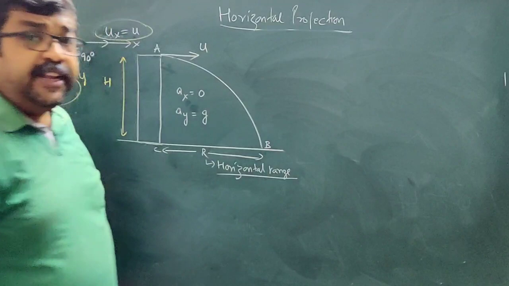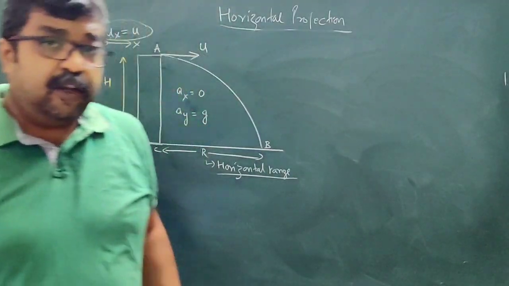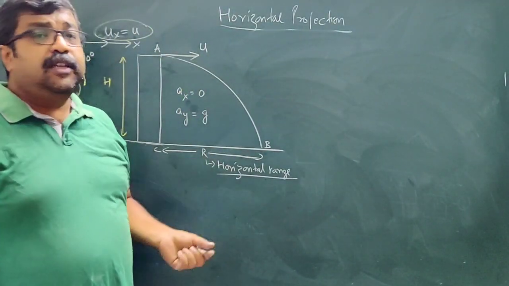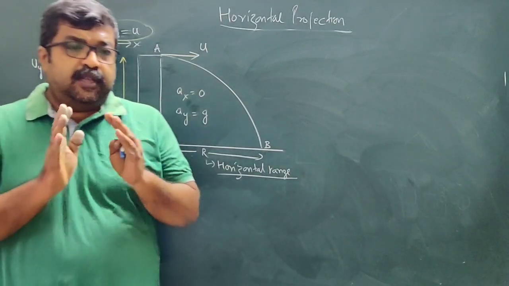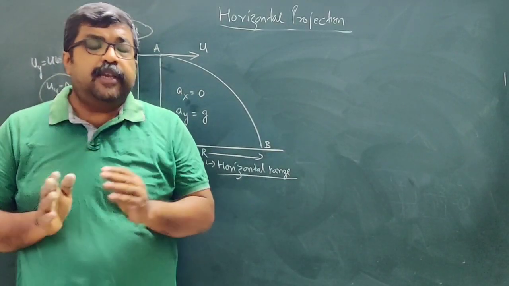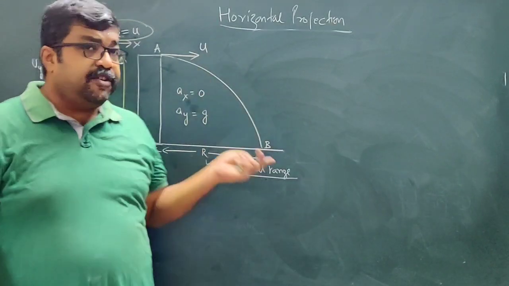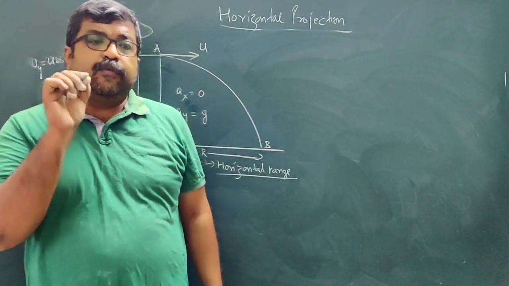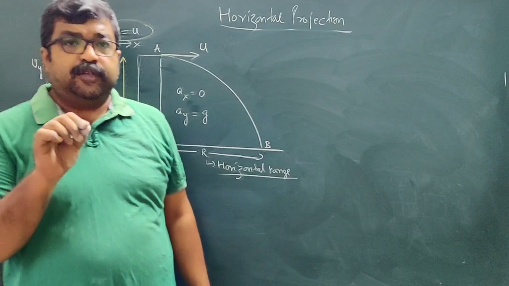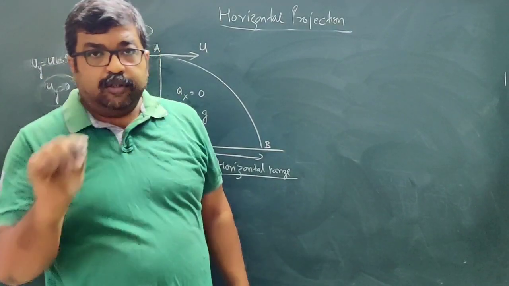Next, suppose we have to find the instantaneous velocity. Instantaneous velocity means velocity at a particular point along the trajectory. I have told you already that for a projectile we have the trajectory.